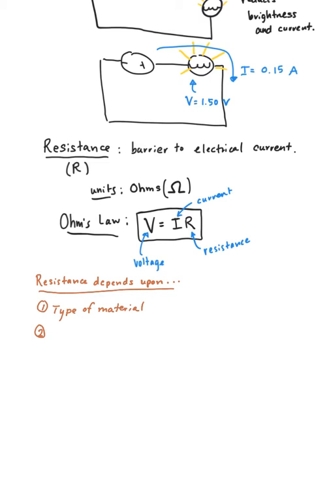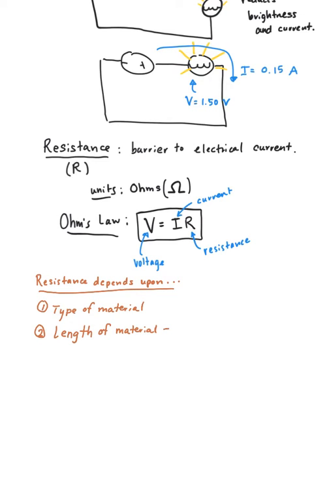A second key characteristic of materials that dictates their resistance or resistivity is the length of a material. The longer a material is, the more space that an electrical current has to travel through, the more likely that electrical current is going to encounter some resistance to its flow.